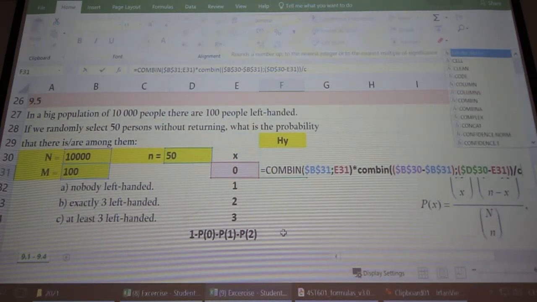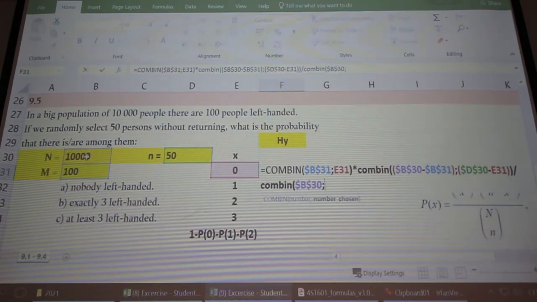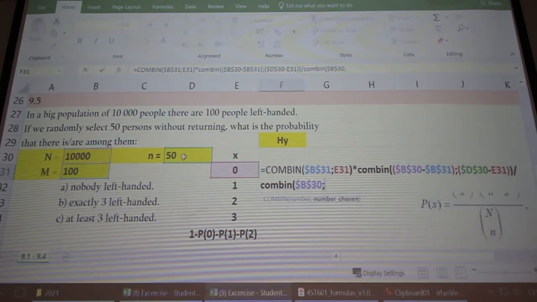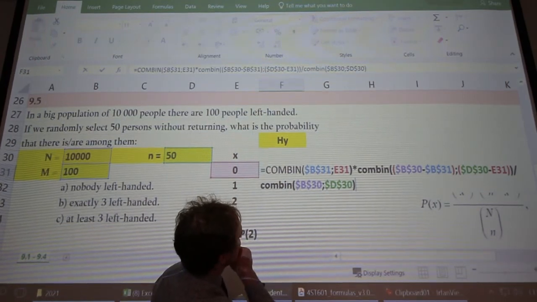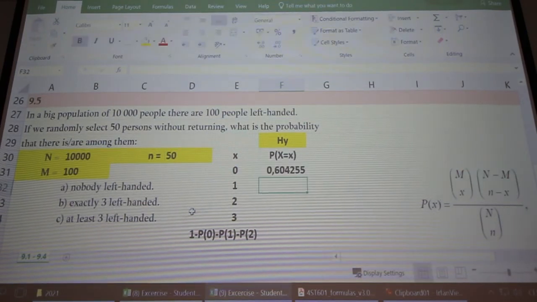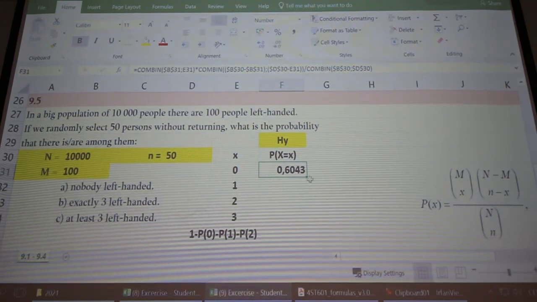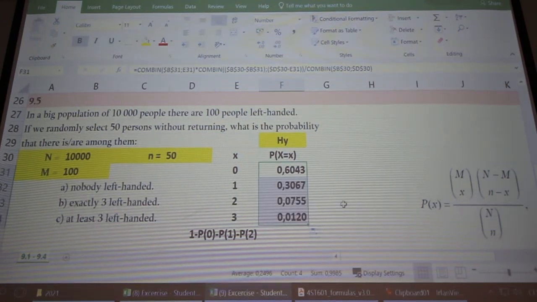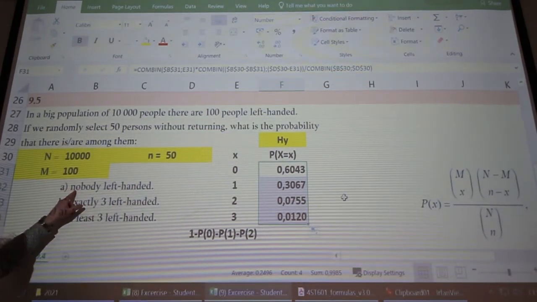So divide it, COMBIN, open the parenthesis, and there is capital N, F4, comma, and n, 50, F4, close parenthesis. And now please click enter, and you will see the result. I hope that everything is alright. You can see we will use only four decimals, but it's possible to calculate it to the end. So this is the probability that random variable x will be equal to 0.